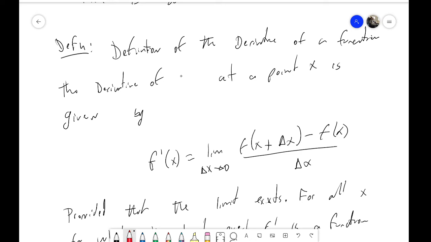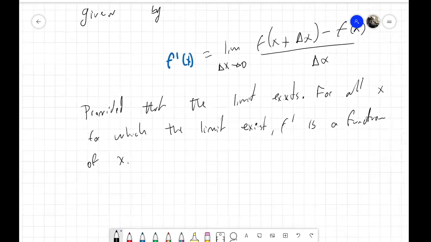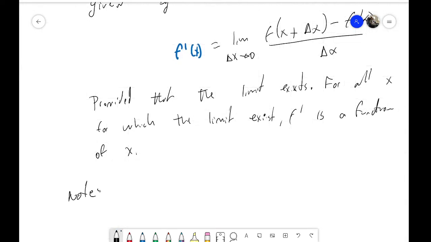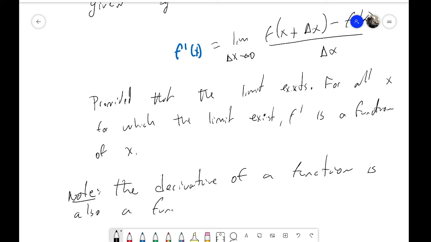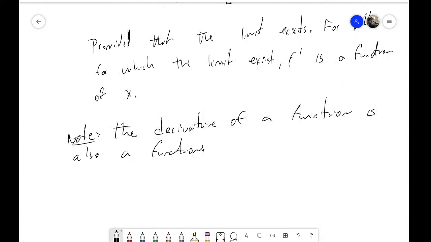So the derivative of the function f at a point x is f prime of x. What I want you to note is that the derivative of a function is also a function. In particular, it is also a function of x.